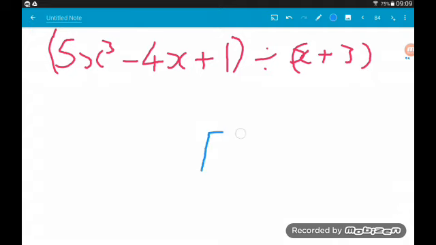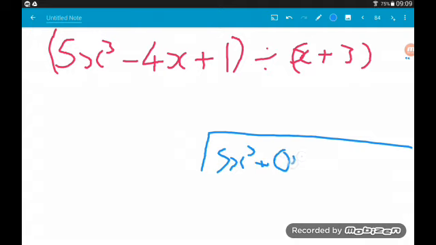So under the division sign I'm going to have 5x cubed plus 0x squared minus 4x plus 1, and that is being divided by x plus 3.